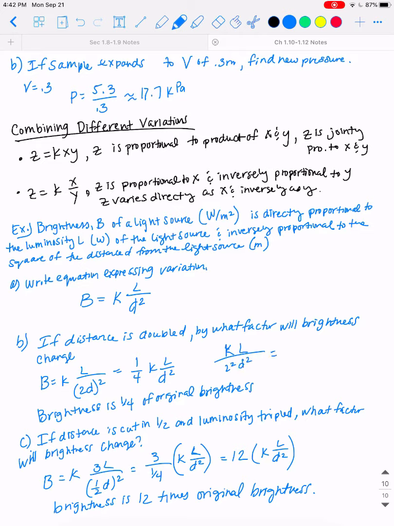Then we just take out the 1/4 and we have K L over D squared. So brightness B is 1/4 of the original brightness, because if we compare this equation to our original equation, this part is the same as our original equation, but we're just multiplying it by 1/4.